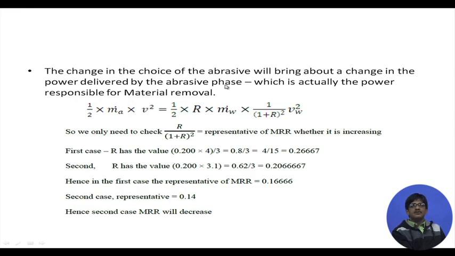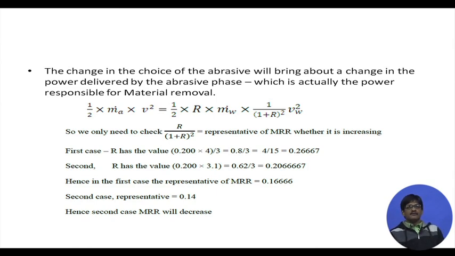The change in the choice of the abrasive will bring about a change in the power delivered by the abrasive phase, which is actually the power responsible for material removal. So, half m v square is equal to half R into m dot W into 1 plus R whole square multiplied by velocity square. Okay.